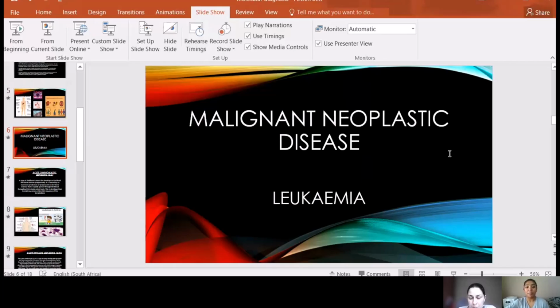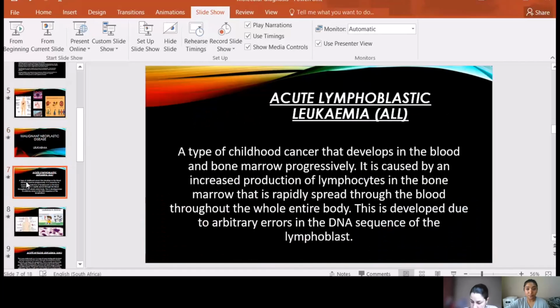Okay, malignant neoplastic diseases, leukemia. Talking about acute lymphoblastic leukemia, this is a type of childhood cancer that involves the blood and the bone marrow. It is caused by an increased production of lymphocytes, and it rapidly spreads throughout the body.